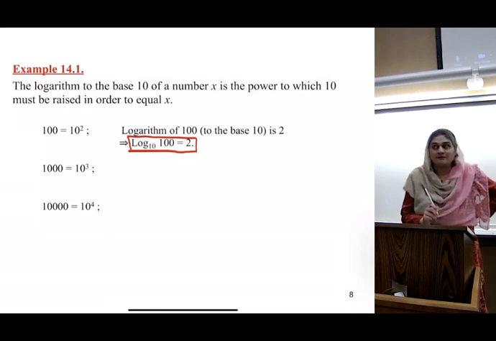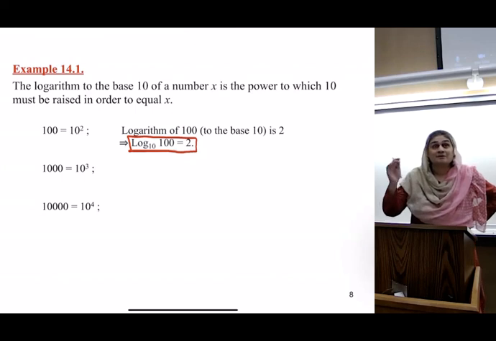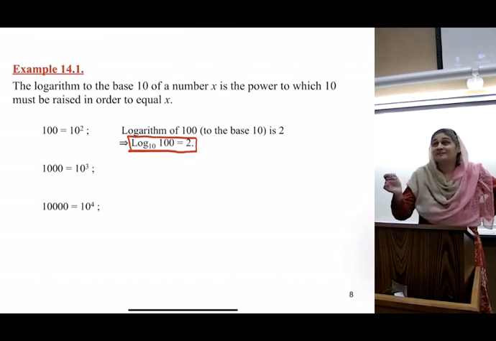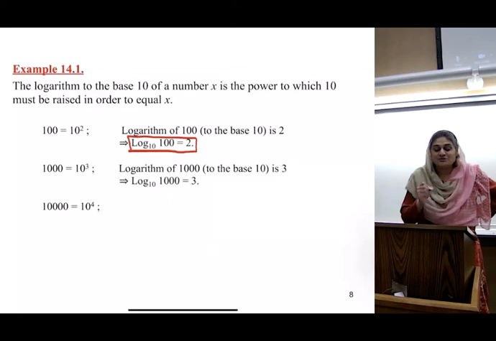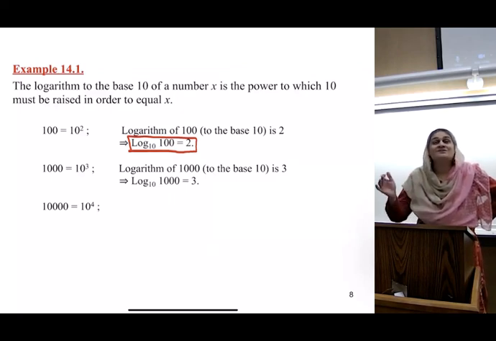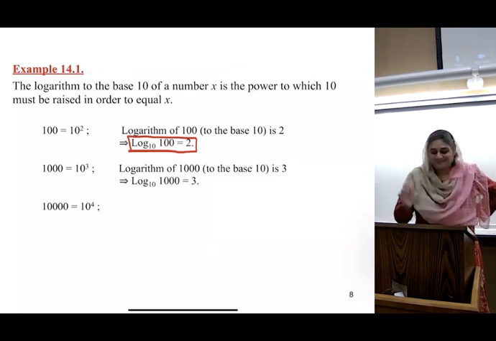Logarithm of 1000 to the base 10 is, drum roll, 3, right? Good. Now the last one, logarithm of 10,000 to the base 10 is, there we go.